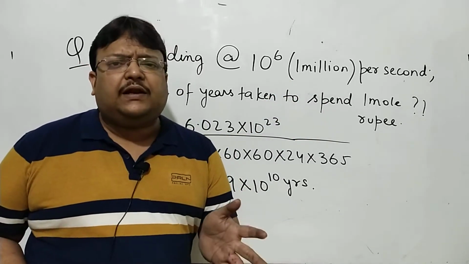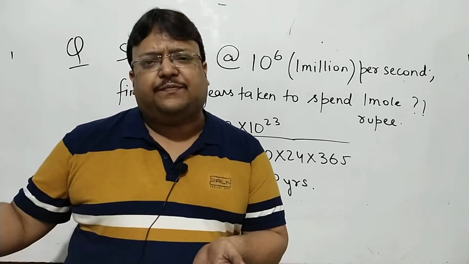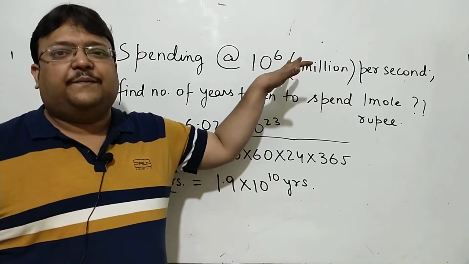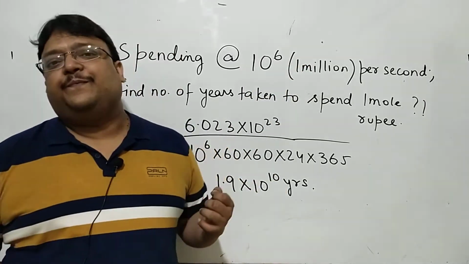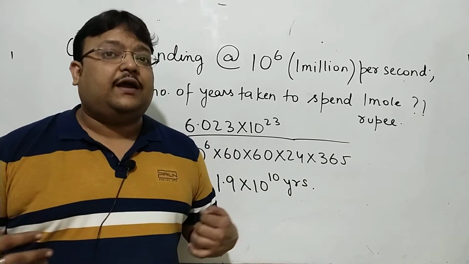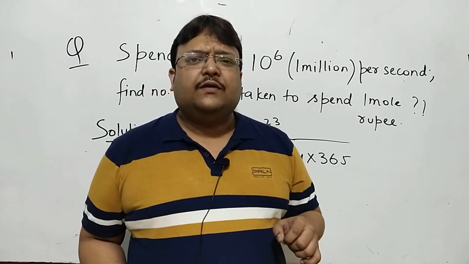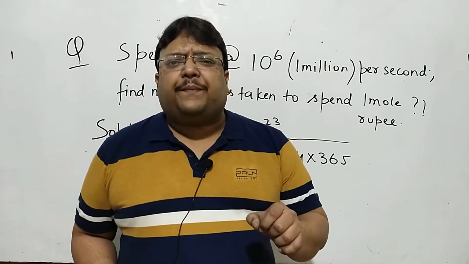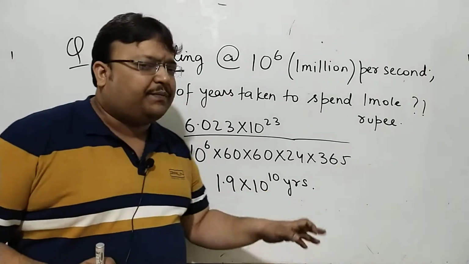Certainly to prepare 1 million pencils per second, you will need more trees than there are on this planet. These many pencils cannot be practically prepared out of the wood which is there on the planet. But suppose you are able to do that, make 1 million pencils per second. The number of years taken to prepare 1 mole of pencils is 1.9 into 10 to the power 10 years.